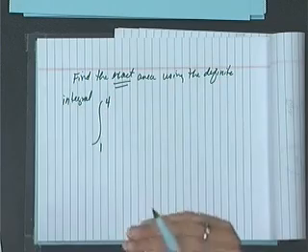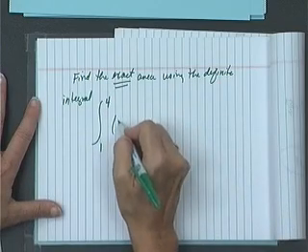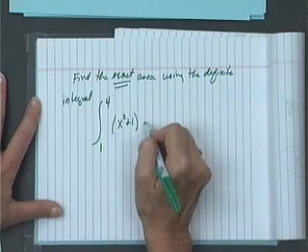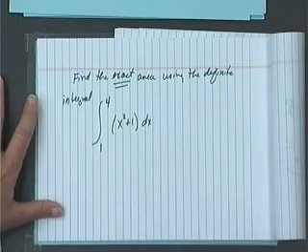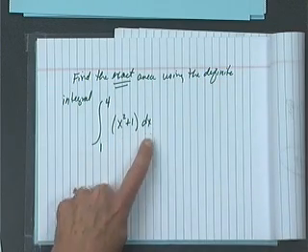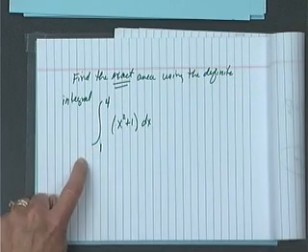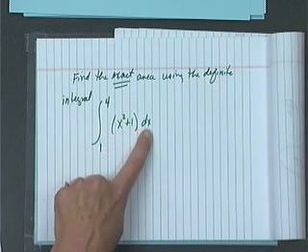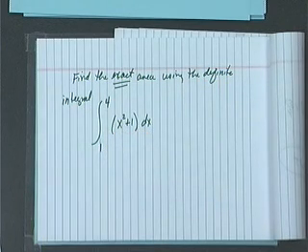And how do we represent the height of all of our rectangles? x squared plus 1 times the width of all of our rectangles, dx. That's height times width. We're summing up all the little rectangles from 1 to 4 whose heights are x squared plus 1 and widths are dx. Okay, let's integrate this, and this will give us exact area.